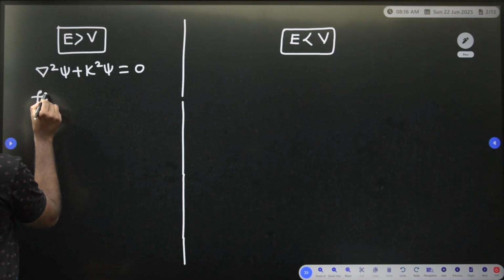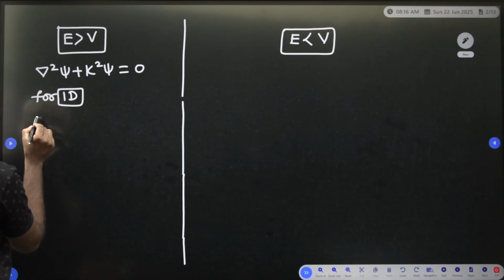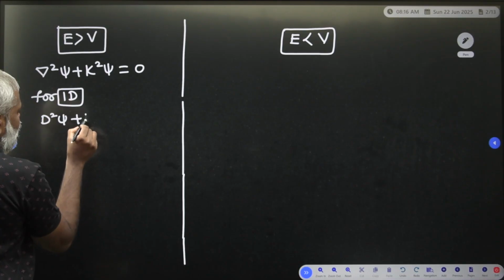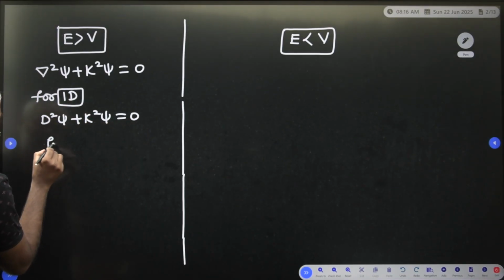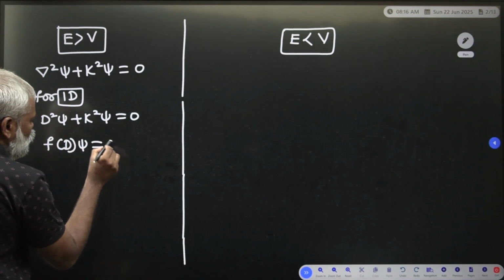For one dimension, what do we write? It is d square psi by dx square plus k square psi is equal to 0.